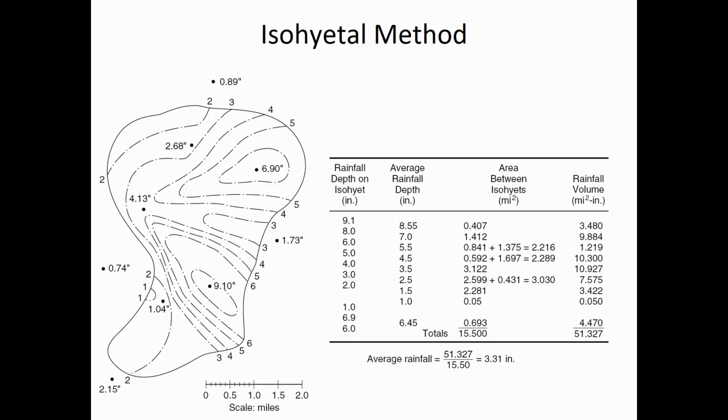And so we're trying to create a series of contours by extrapolating between the known points. So we say, between this gauge where there's 1.04 and where there's 9.10, let's make the divisions more gradual instead of a distinct, discrete, all or nothing approach. So here we're saying, all right, here's the 2 inches, 3, 4, 5, 6, 7.